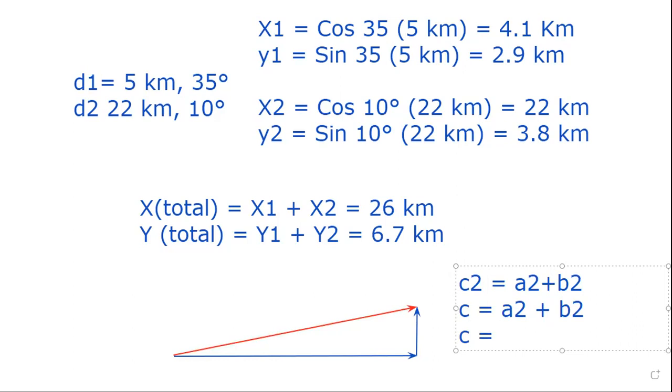How much is A squared? 26 squared. I'm going to put it in parentheses so you don't confuse the numbers with the square: 26 kilometers squared plus what? 6.7 squared.